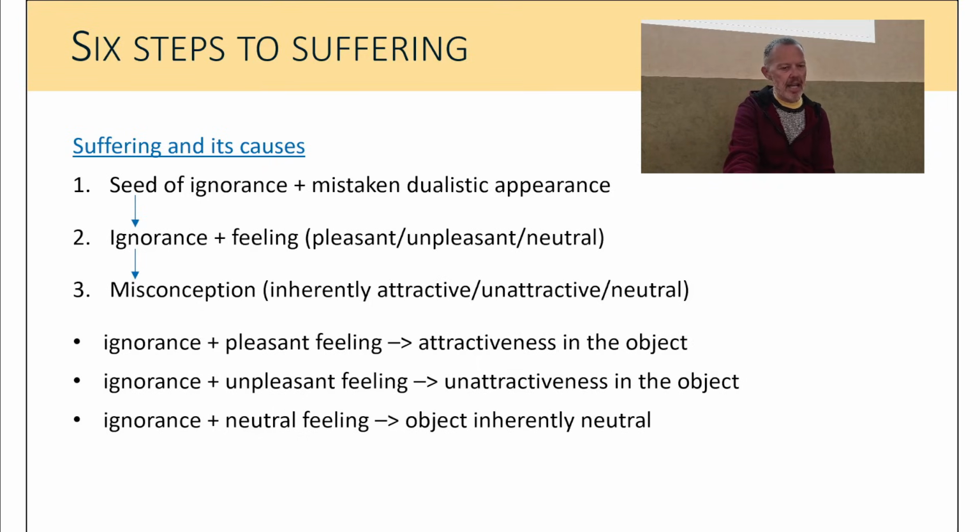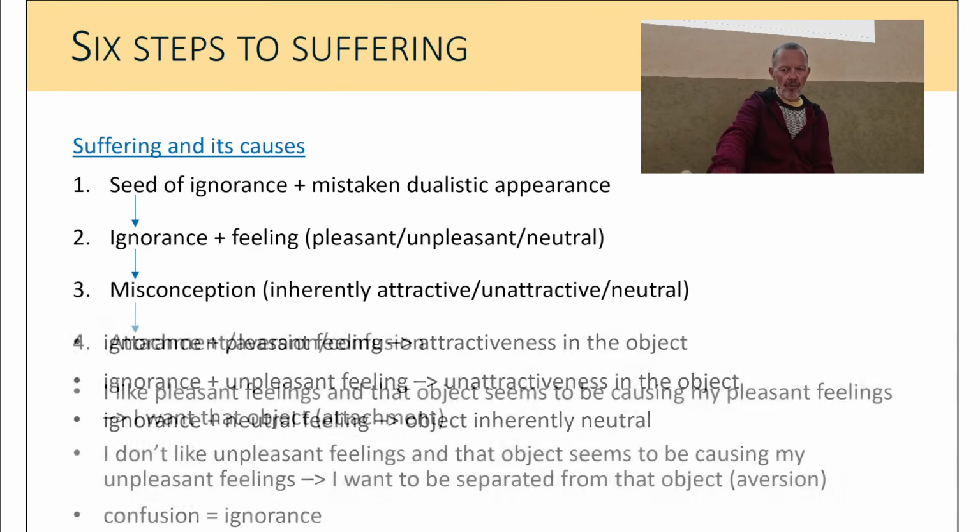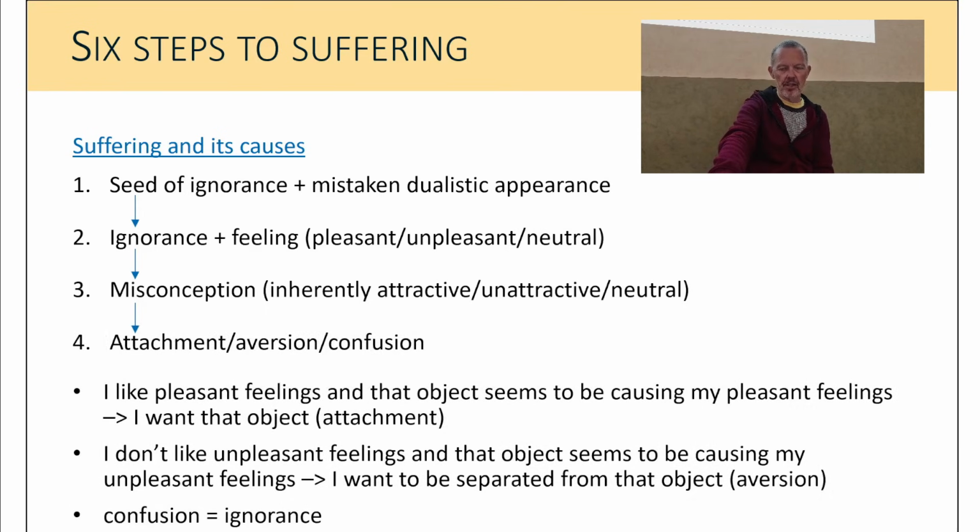Then step 4 easily follows. Because again, if I'm having a pleasant experience when I see this cup, and I then have this misconception that, this is not intellectual, it's just instinctive. We're not thinking about it, it just happens.